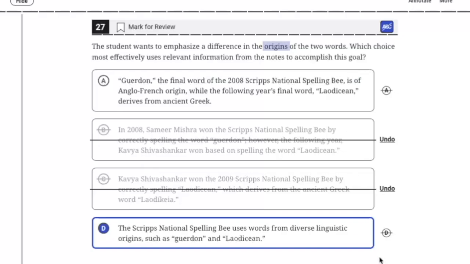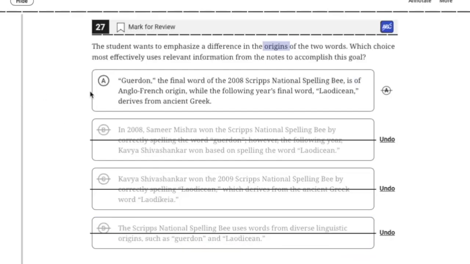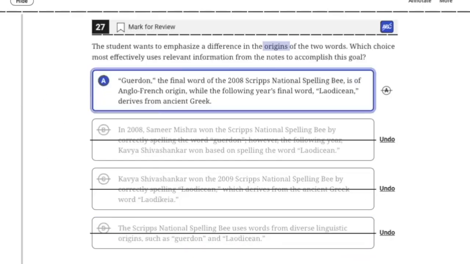But this is not the right answer because it's not actually emphasizing a difference between these two words. It's just saying that they come from different origins or that they're included in a list of words from diverse linguistic origins. So that's not going to work, and our original answer A is definitely the right one.